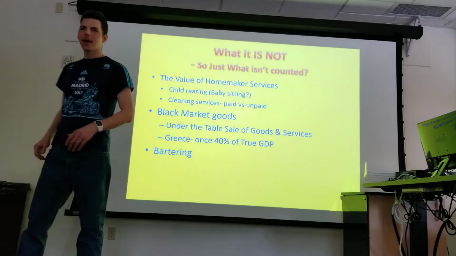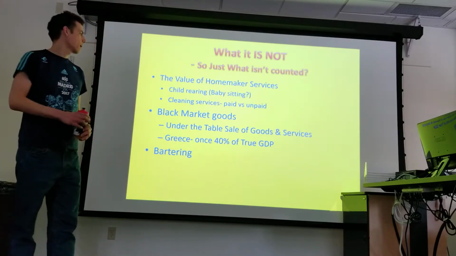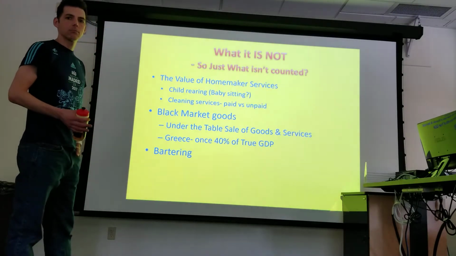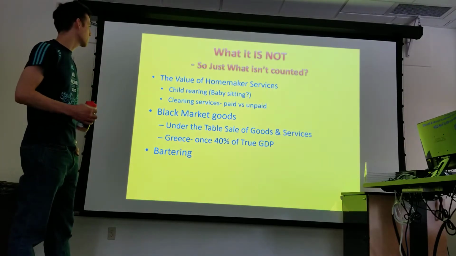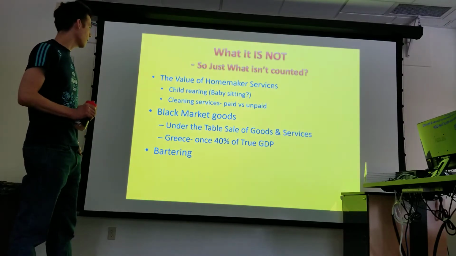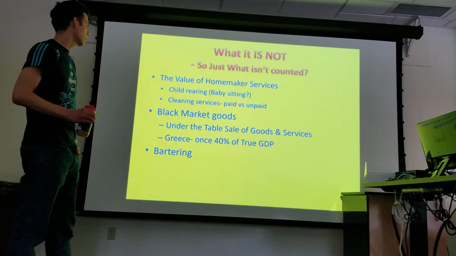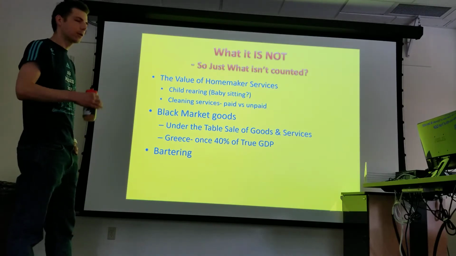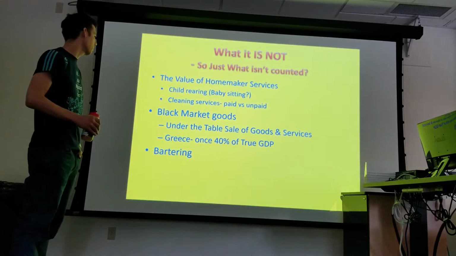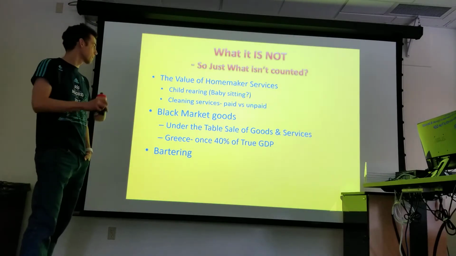Well, they have their ways of calculating, right? And so they figured it's about 40%. They were getting money from the IMF, the World Bank, and then they started counting their black market in their GDP, and they were no longer considered a poor country, and all that free money from the IMF stopped, right?